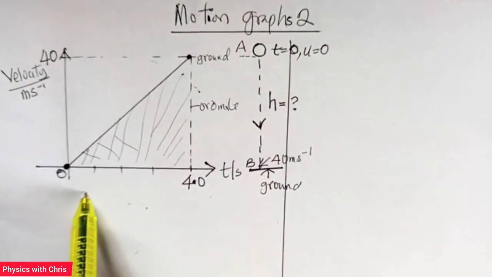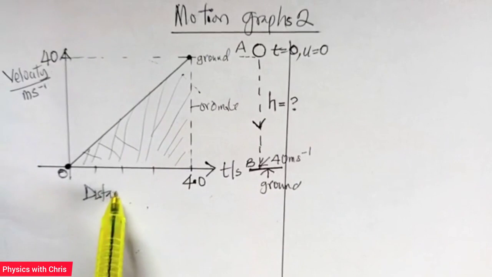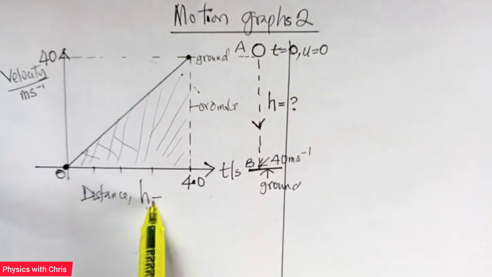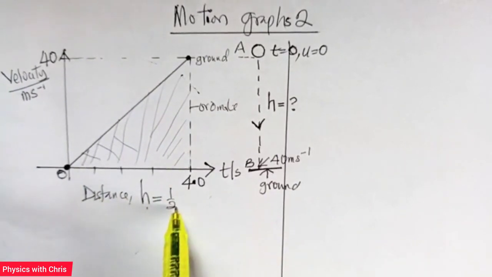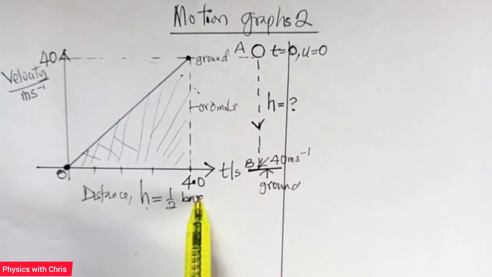So the distance fallen by the body, distance h, is half times base times height.